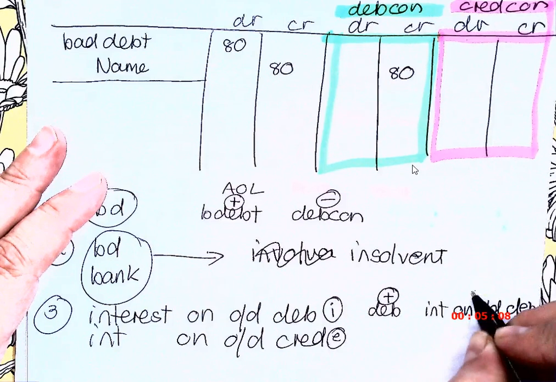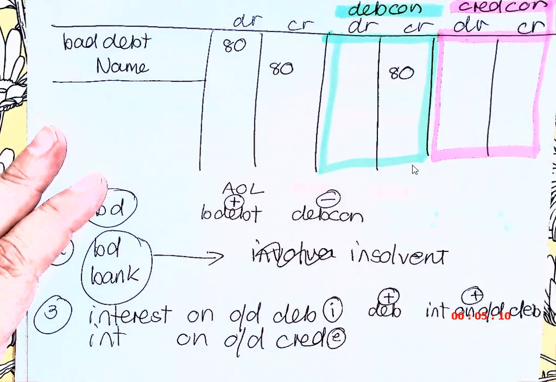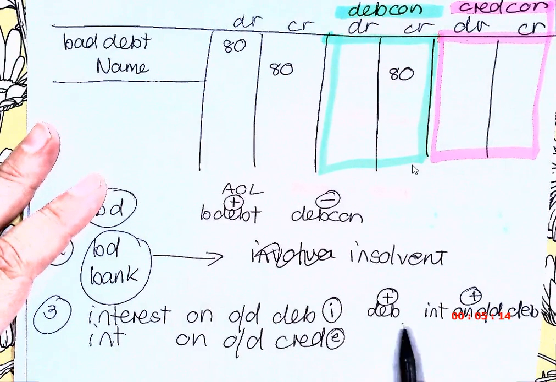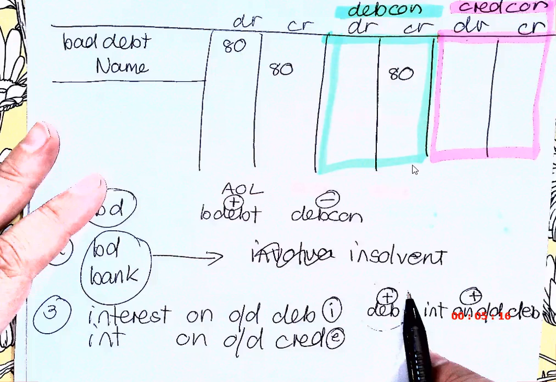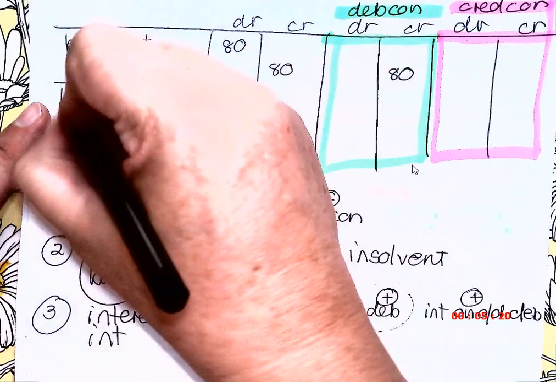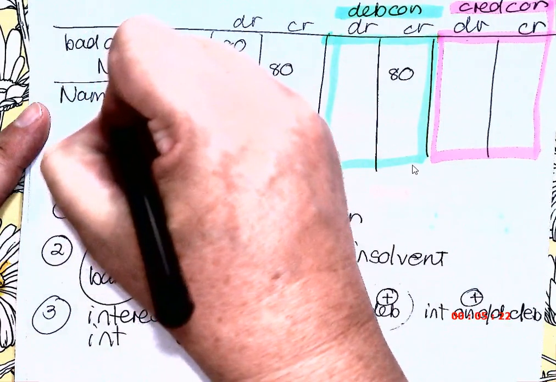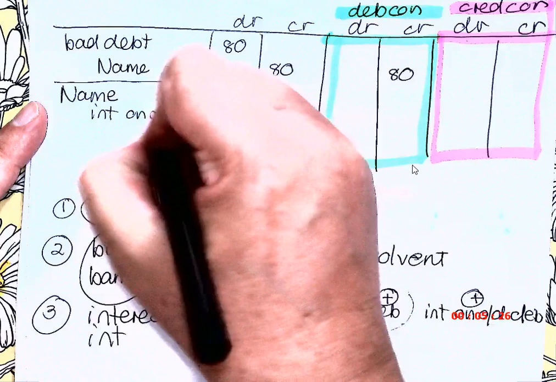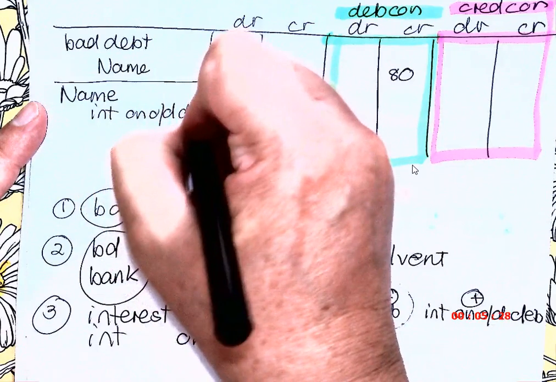That's why I credit it. You see, they're both increasing. So, if I write it in there, what comes first? The debtor. Not allowed to write debtor, so I write the name of the debtor, ne? And interest on overdue debt.